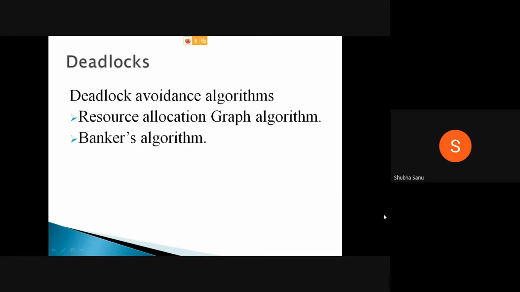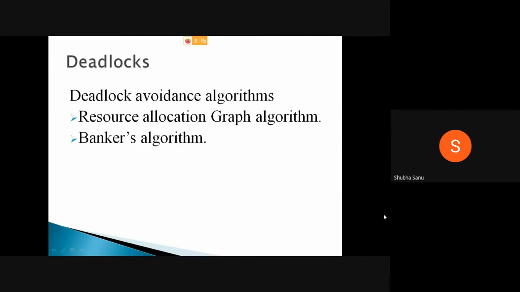Now, deadlock avoidance algorithms. Here we will discuss two algorithms: resource allocation graph algorithm and Banker's algorithm. So resource allocation graph algorithm, by seeing that graph, we can tell whether the system is in deadlock or not.